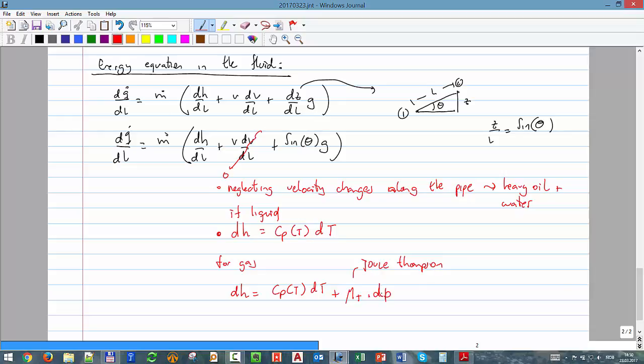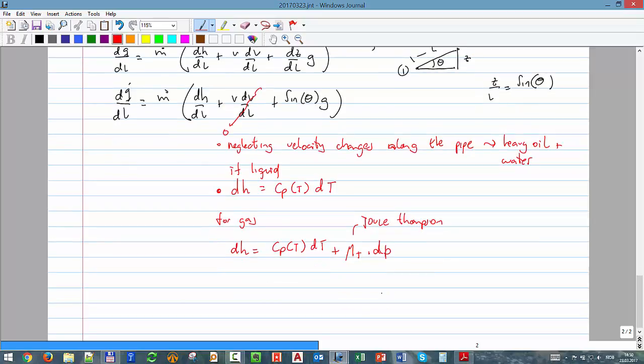That is exactly, in the choke case we were analyzing on Tuesday, the term that gives us the cooling effect. If there is a change in pressure, the Joule-Thomson coefficient causes a change in enthalpy, thus the fluid has to change in temperature. But we are going to neglect it for now.